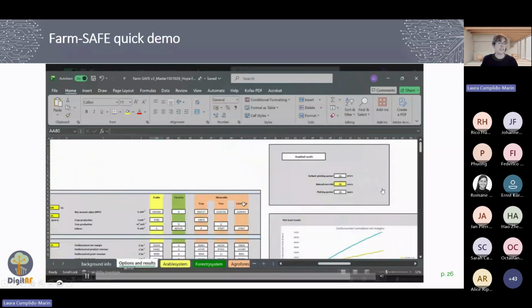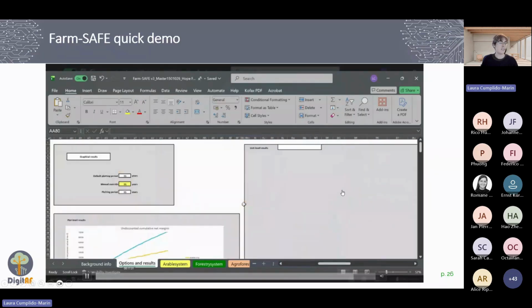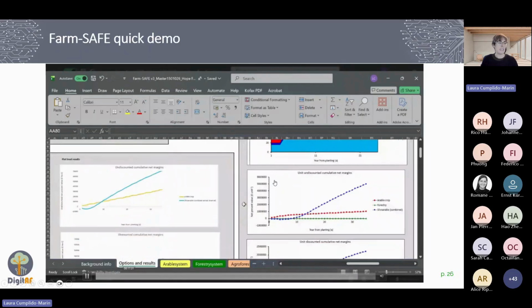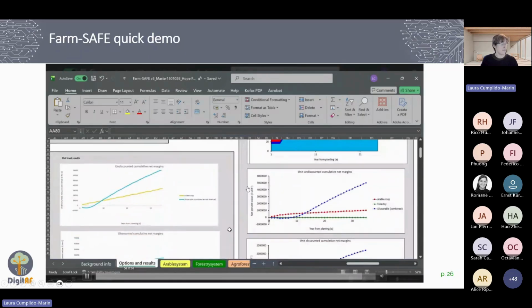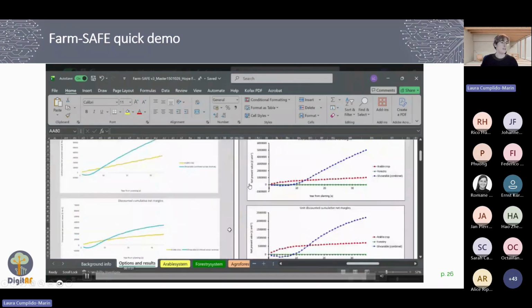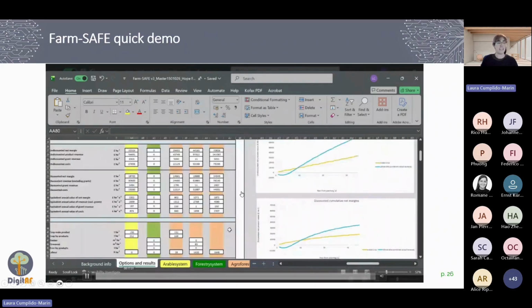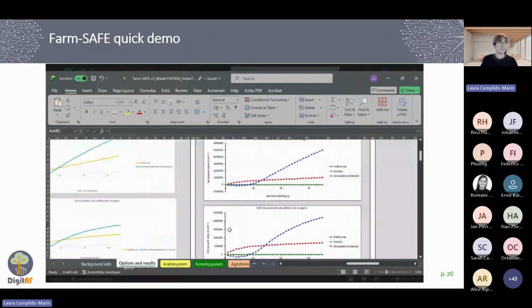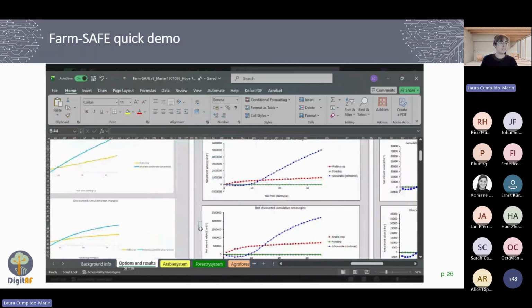And to the right-hand side of this tab, you can plot a lot of things. So you could, for example, see the yields, and you can see discounted net margins, undiscounted net margins, net present values. So there's really lots of data you can plot.